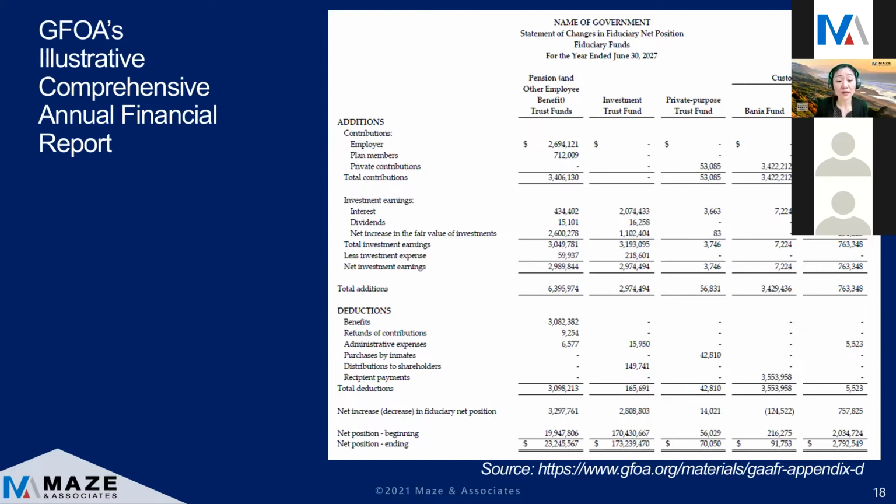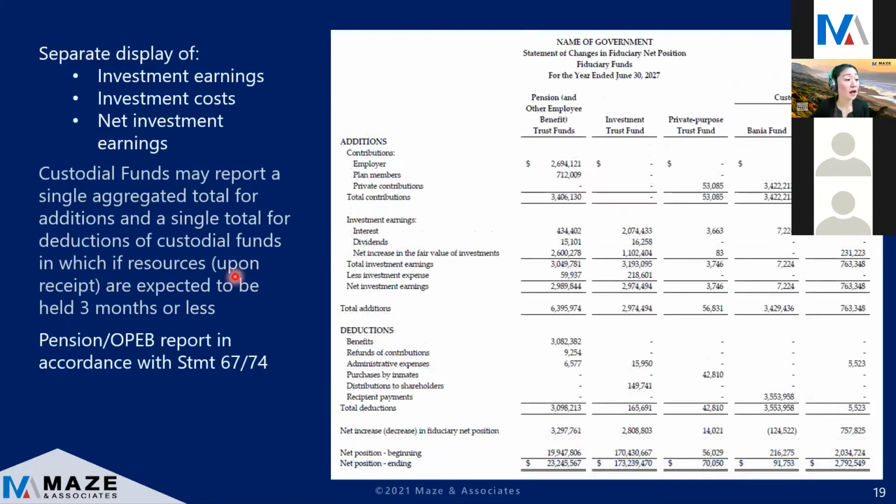So GASB 84 did say that, let's say that you have this, I'll have to go to the next page, hold on. Okay, so one thing to notice is that there has to be separate display of investment earnings, investment costs, and net investment earnings. So it is all here. There's interest, dividends, then you have a total, and then it will be less investment expense.